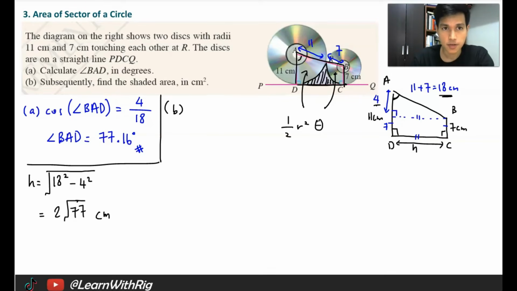So how are you going to find theta? Maybe there are other ways, but the way I can think of is, you know that for the full trapezium the total angle is 360, right? Here is 90, here is 90, here you already found 77.16. So now you can find this angle straight away. Let me erase this.